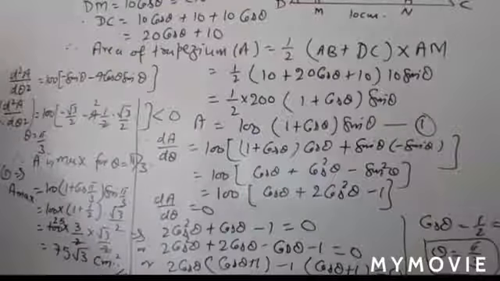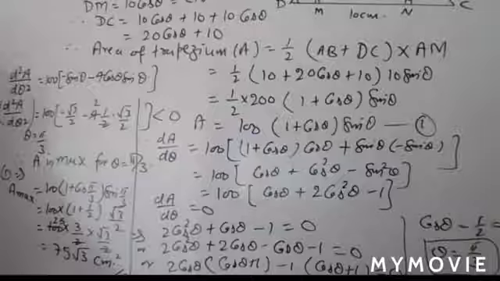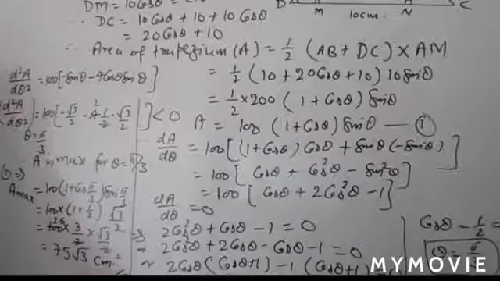This is your question. Find the shortest distance between the line y minus x is equal to 1 and the curve x is equal to y square.